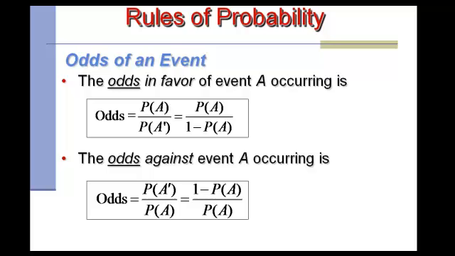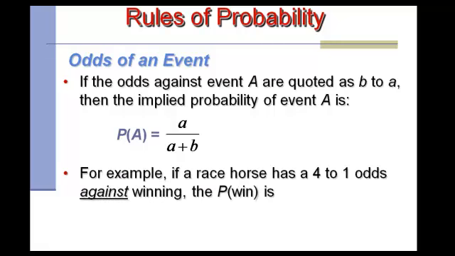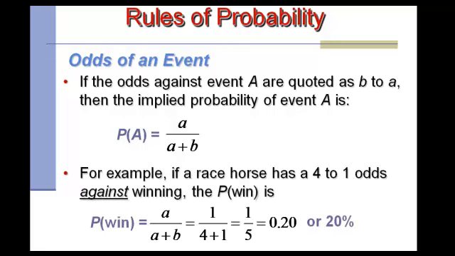So in case you're interested in how odds are calculated, you have this slide to refer to. I'm not sure if your book covers that or not. Again, this is still relating to the odds and probability.